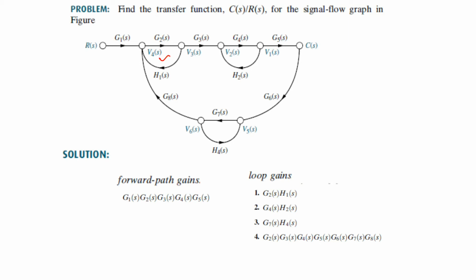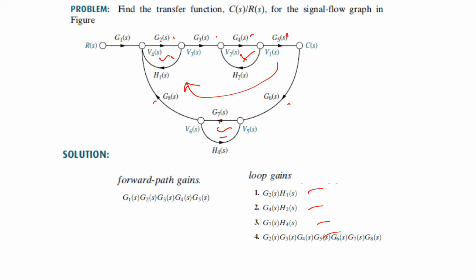So loop 1, 2, then we have this one 3, and then we have this one whole, that is G2 into H1, then G4 into H2, then G7 into H4, and then G2, G3, G4, G5, G6, G7, then G8. So how many do we have? 4 loop gains in this case.